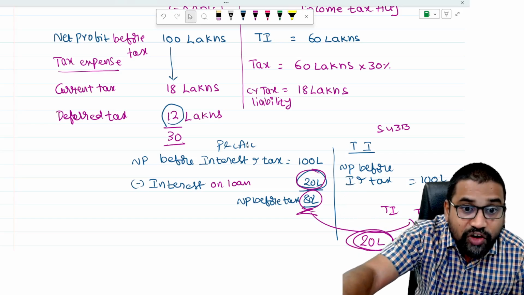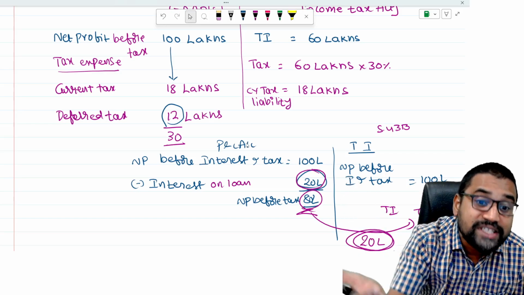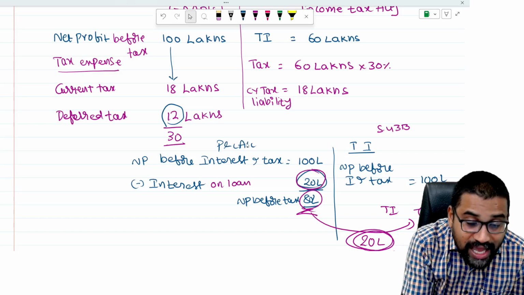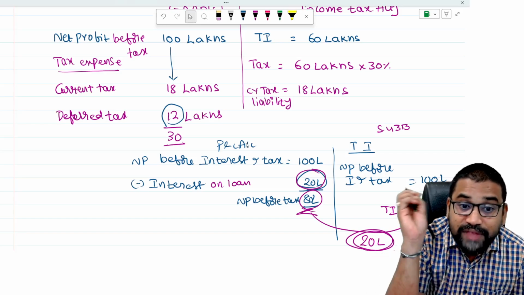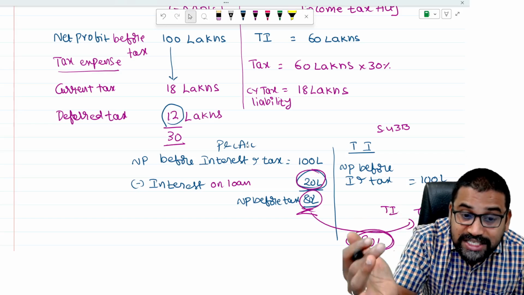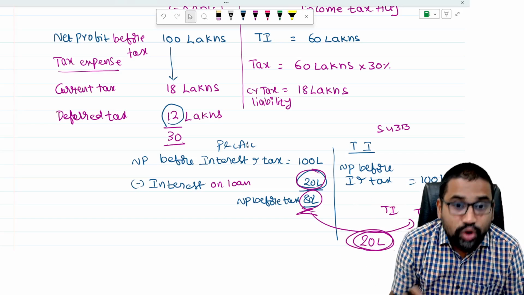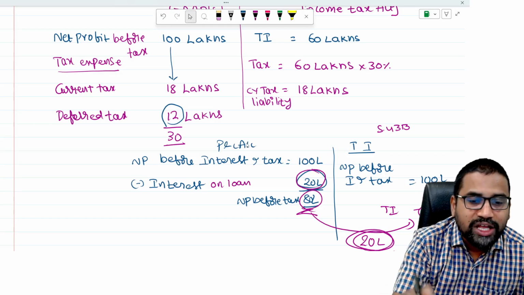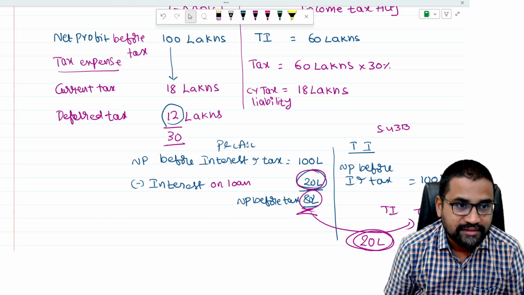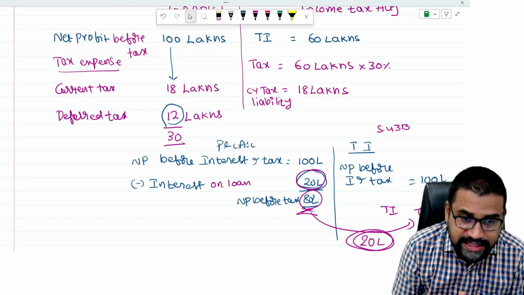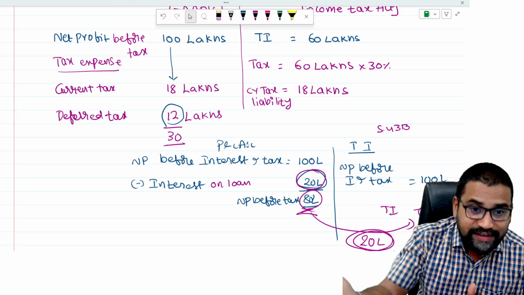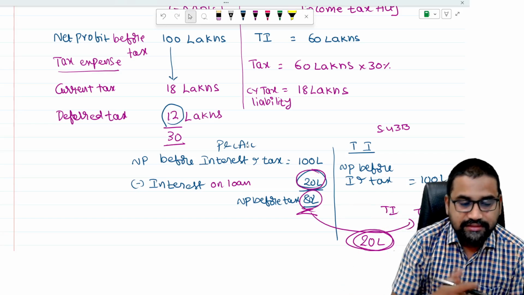So there is a difference of 40 lakhs. Now this difference is because of which reasons? Are these reasons timing, temporary differences? Now if they are temporary differences, you anticipate and recognize deferred tax. So that there will be matching of accounting income and its taxes. Now you anticipate this deferred tax now. In whichever year it reverses, you cancel it, reverse this.